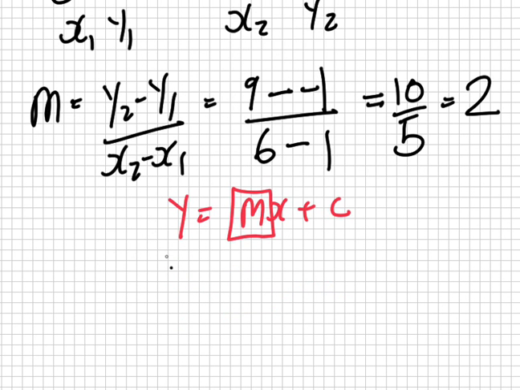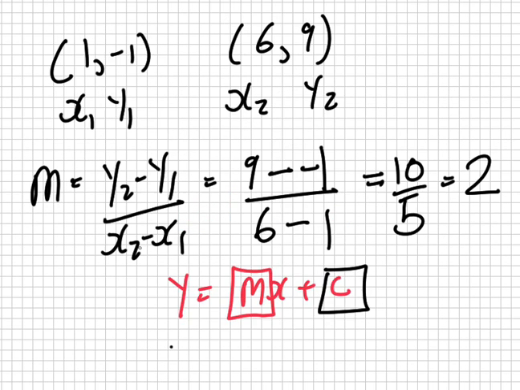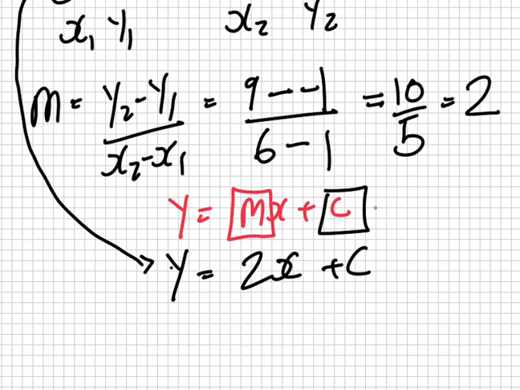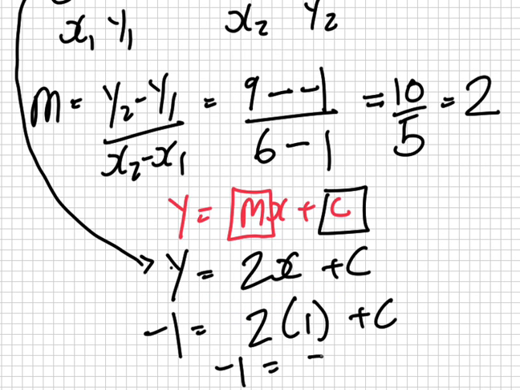Yeah. So, to find the c, as you said, you have to choose one of the points, any point, on the line and put it in. So I'm going to use 1 and minus 1. So we have y equals 2x plus c. Now I use this point. To find the c, you use a point. So I have, what was the minus 1? Okay. Minus 1 equals 2 times 1 plus c. So I get minus 1 equals 2 plus c. So c will be minus 3.